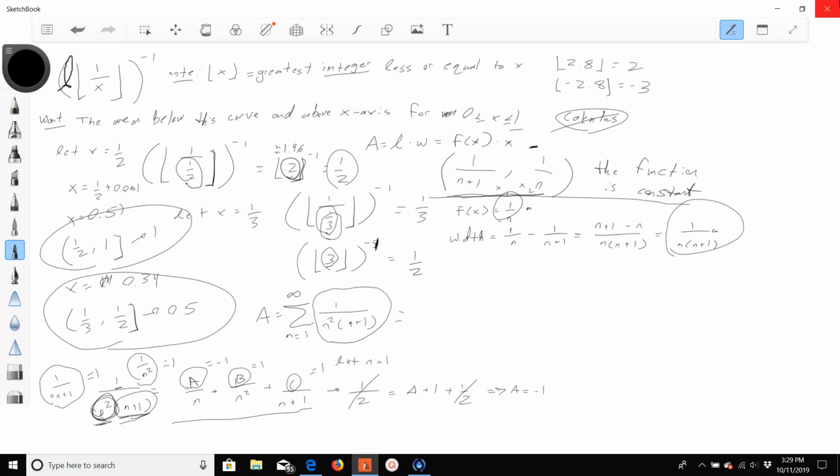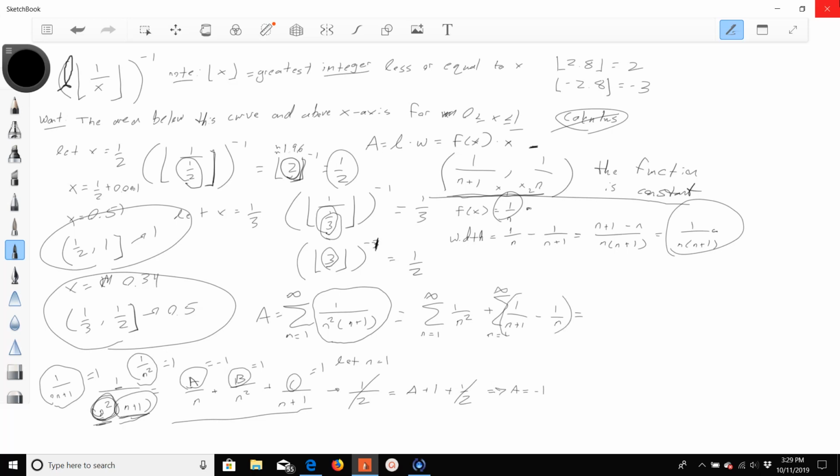So this original sum becomes the sum from n equals 1 to infinity of, I'm going to write it like this, 1 over n squared plus 1 over n plus 1 minus 1 over n. Now I can evaluate each one of these summations separately, but I'm actually not going to do that.